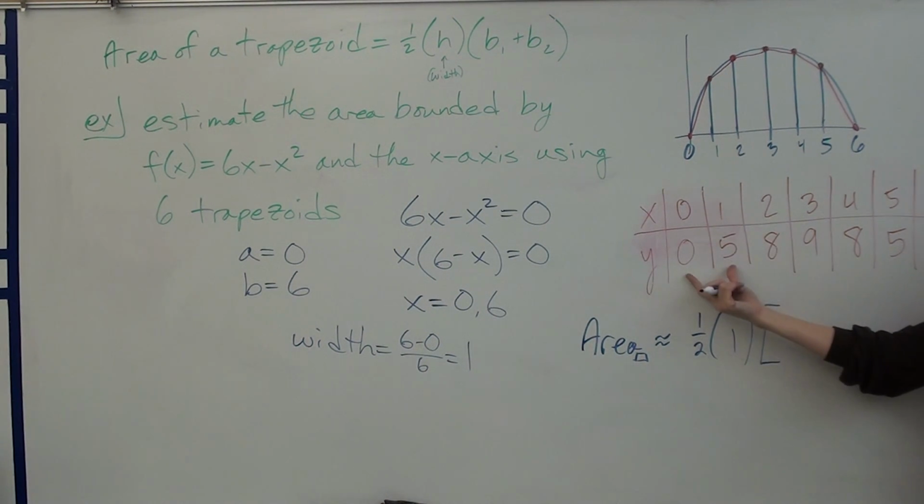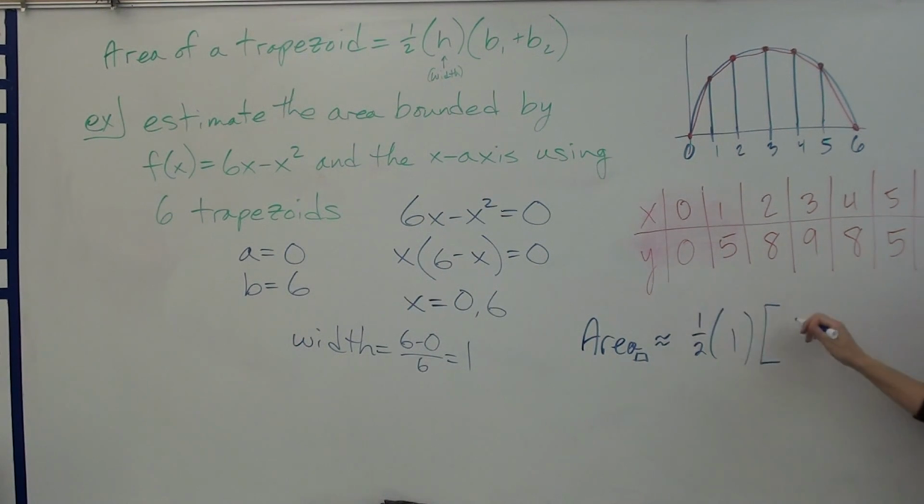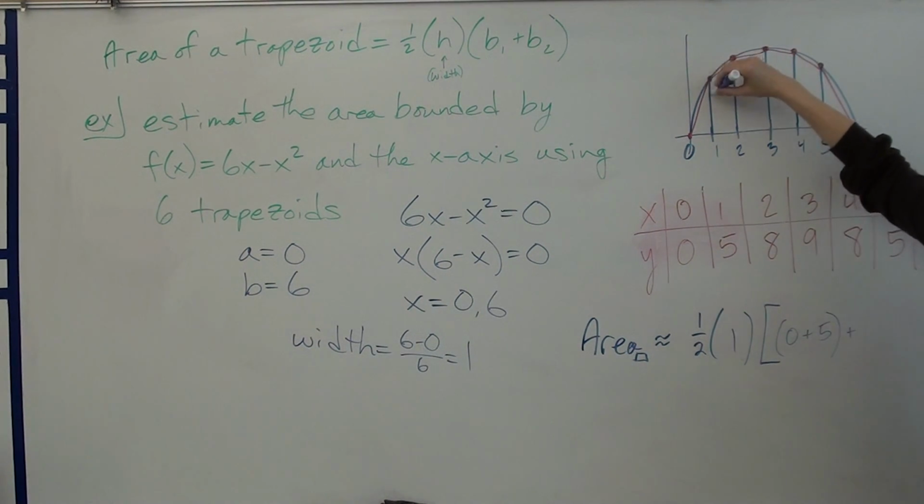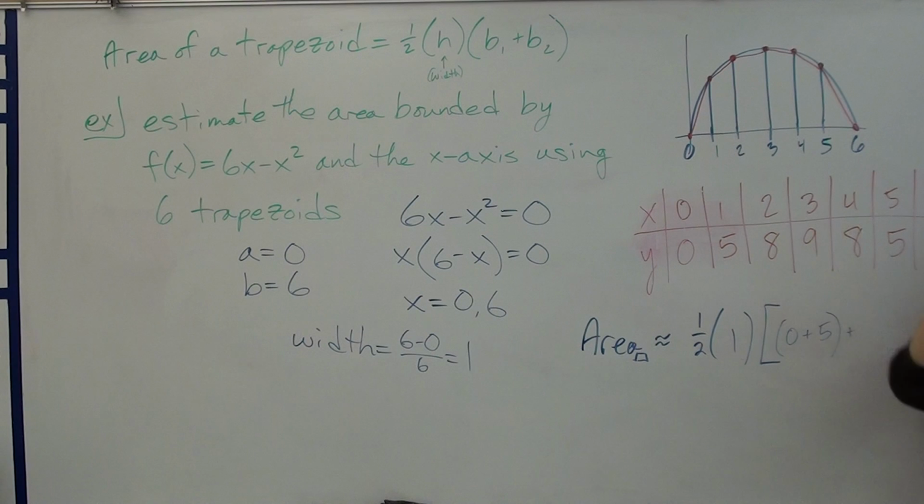So for the first trapezoid, the bases are 0 and 5, so we'd have 0 plus 5. For the next trapezoid, the bases would be 5 and 8. If you look, each trapezoid shares a side, so this one and this one share this side. So each side you use twice, once as a left side and once as a right side. So we'd have 5 plus 8.